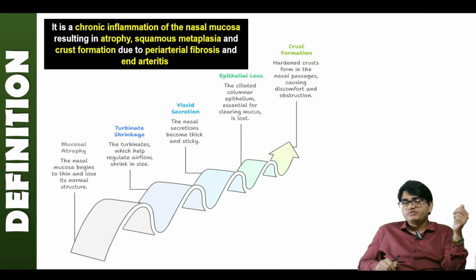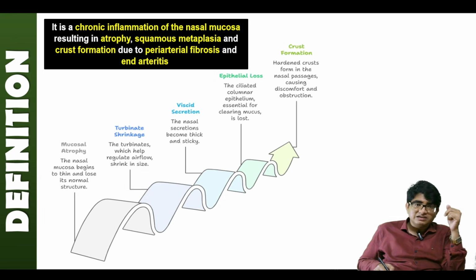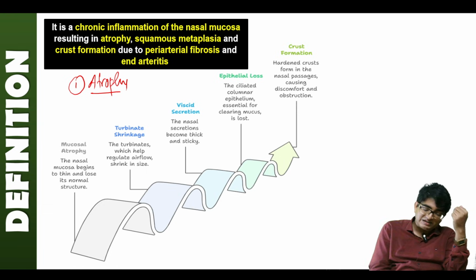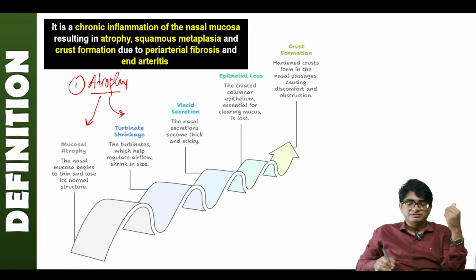So, firstly, definition. In the definition part, it is the chronic inflammation of the nasal cavity. Obviously, this is a rhinitis. Now, what happens? Resulting in first keyword atrophy, correct, of mucosal atrophy or turbinate atrophy.